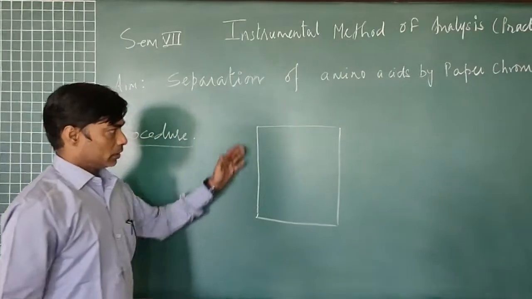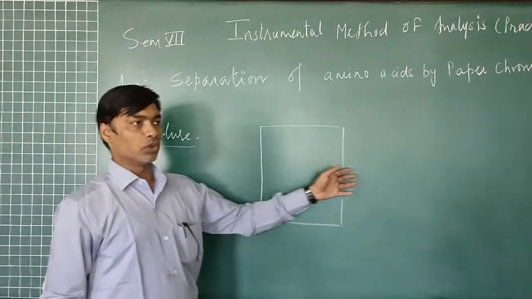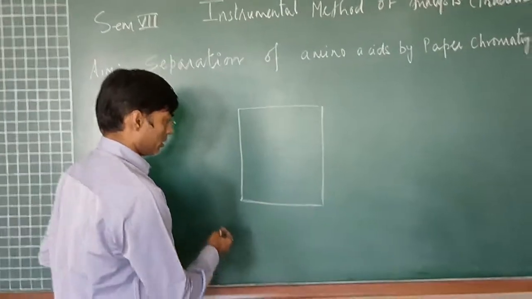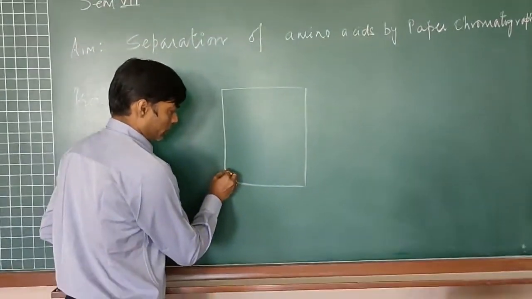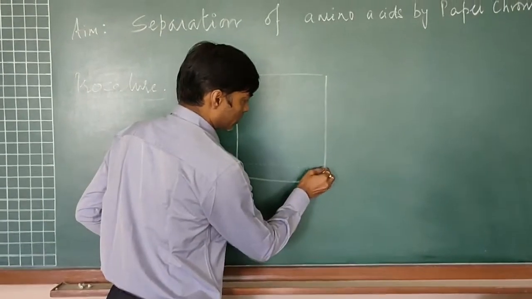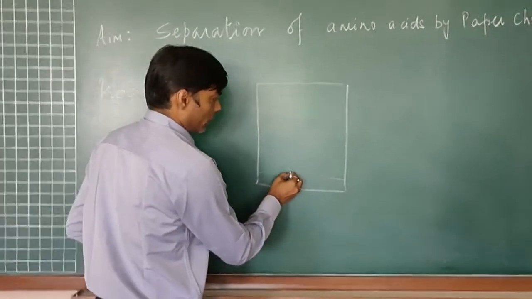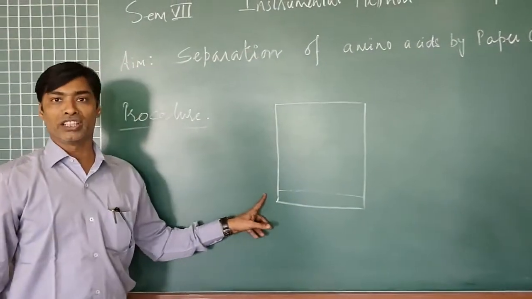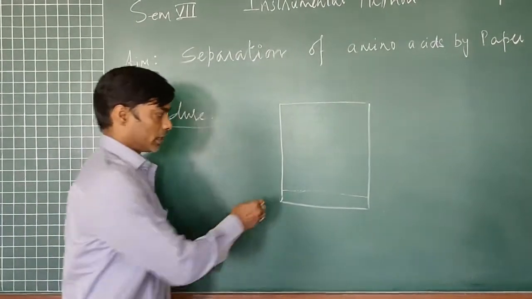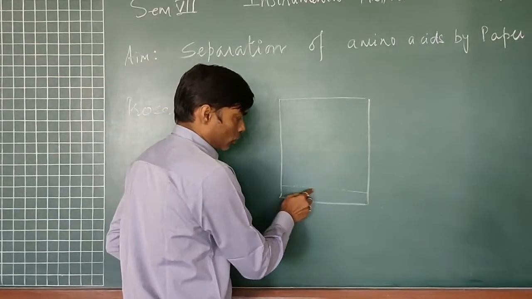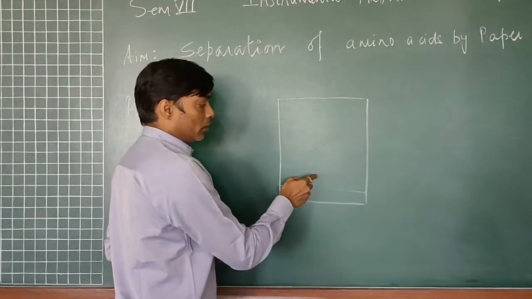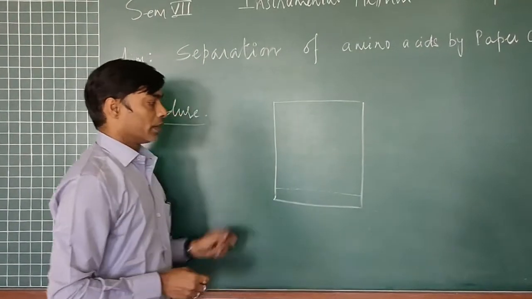We can cut the paper either in square shape or rectangular shape as desired, or as the availability of the chamber allows. Then we will draw a very faint origin line on one side of the paper, and this origin line will serve us during the calculation of the RF value.